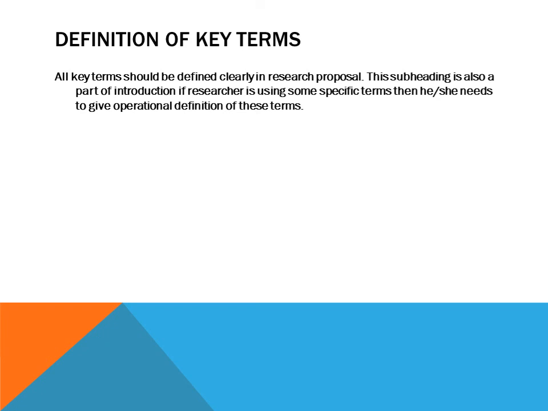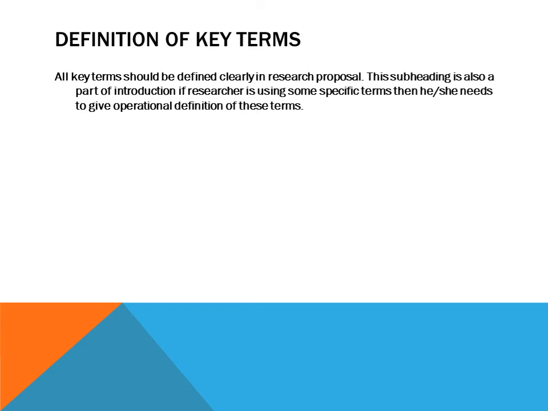Definition of key terms. Definition of key terms is very, very important to give. If you think that there are some words in your title or in your topic which need some clarification, then you will give these definitions of key terms after the introduction. You will define these terms according to the dictionary also, but sometimes if you think that your meaning of that term is different from the dictionary, then your definition will be the operational definition of those terms.